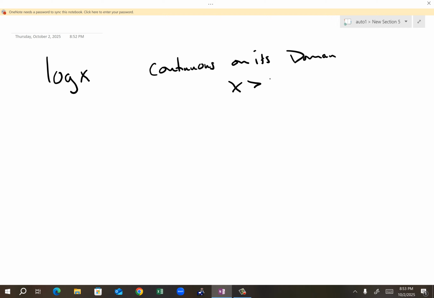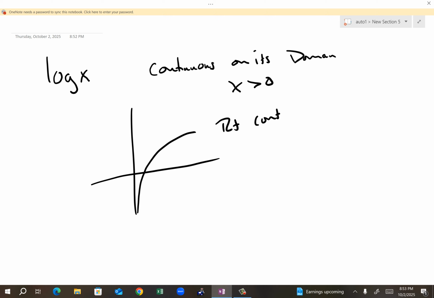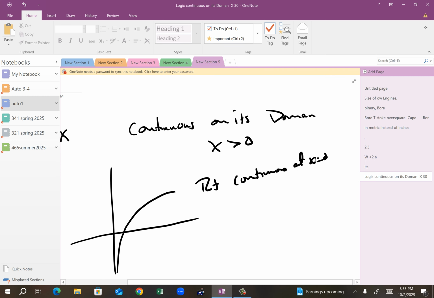Well, x bigger than 0. Okay. Now what happens at 0? Well, at 0, it's not truly continuous. So we say it is right continuous at x equals 0 because it's continuous from the right. Yes? We say it's right continuous all the way down to 0. Okay, at 0 we got a problem. Can't have 0, but all the way down to 0.